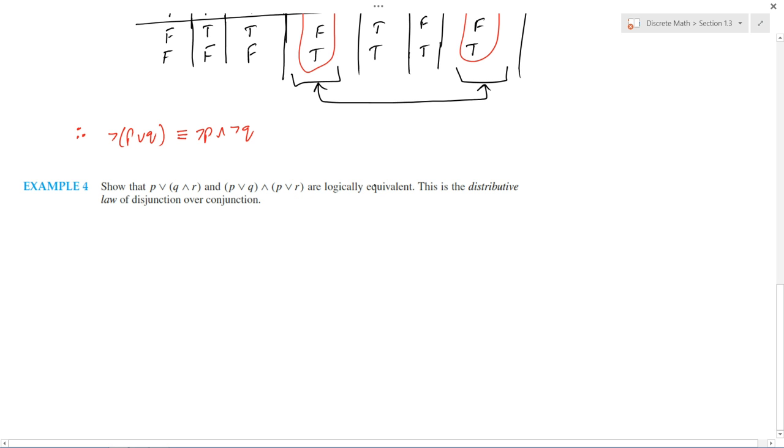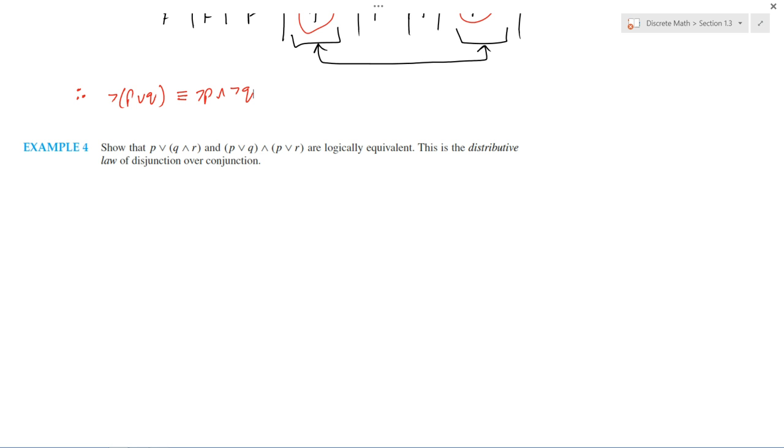This is called the distributive law of disjunction over conjunction. If you recall, in regular algebra, multiplication is distributed over the addition operator. A simple example would be 3 multiplied by (2 plus 5), which can be written as 3 multiplied by 2 plus 3 multiplied by 5. This is how the distributive law is defined.